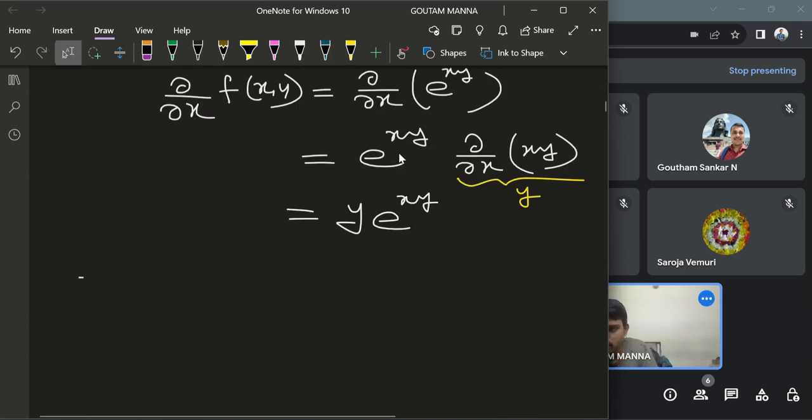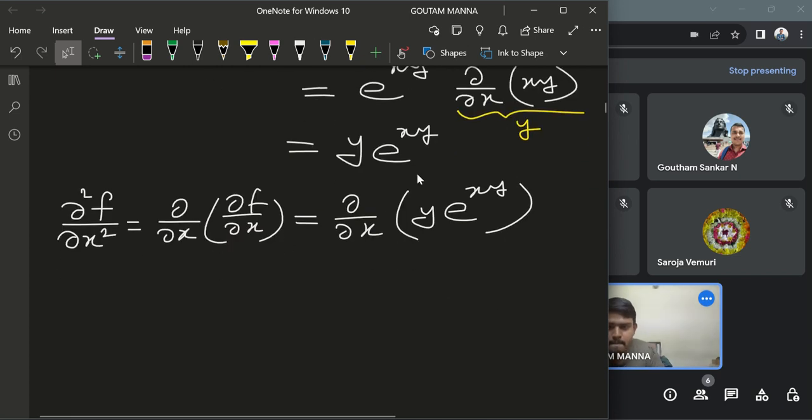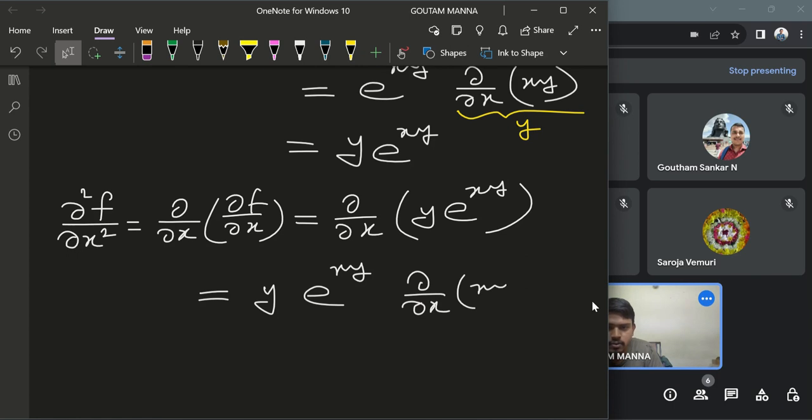So this del 2f del x2 is del x of del f del x equals del x of y e to the power xy, which equals, we'll treat y as a constant, so the derivative of e to the power xy is e to the power xy, and then again del x of xy.